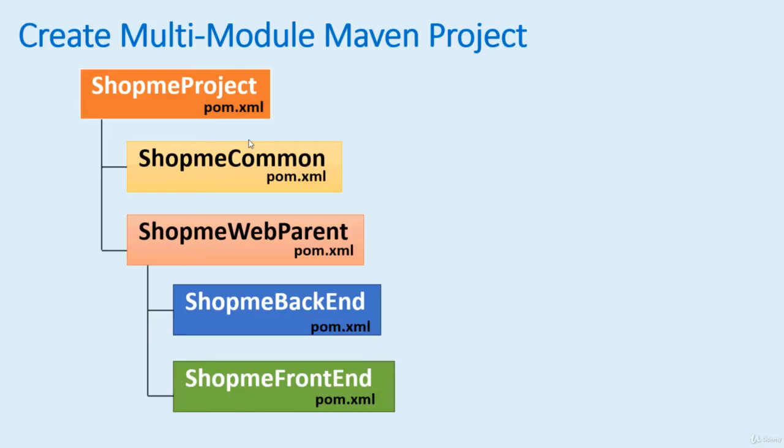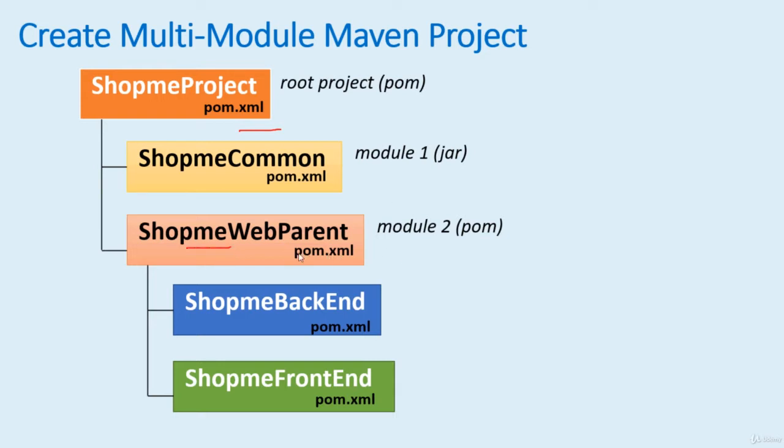So we will create a multi-module Maven project with the following structure, starting from the root project with the name Xiaomi Project. In this root project, we have two modules: Xiaomi Common for module 1, and module 2 with the project name Xiaomi Web Parent.